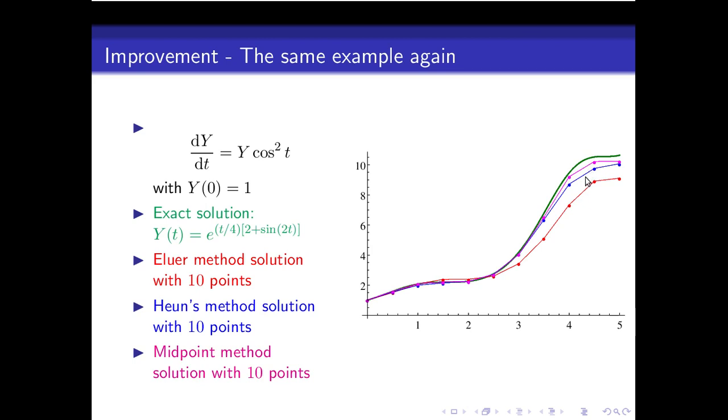For some curves, Heun's method may seem to be better. If you increase the number of points, these two methods produce results which are almost identical. You can see all these three methods have been done with the same number of points, and since Heun's method and midpoint method are second order methods, they have clearly improved the results.